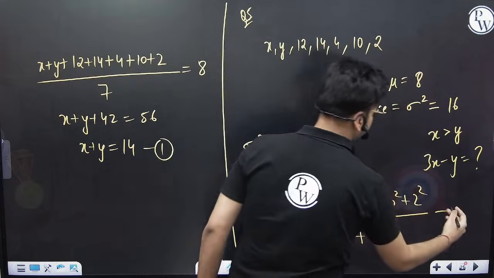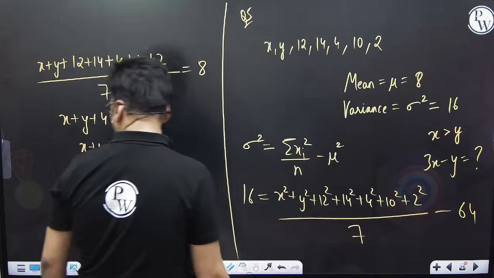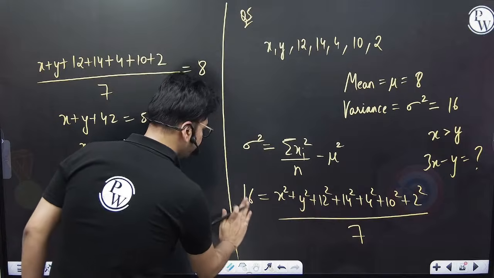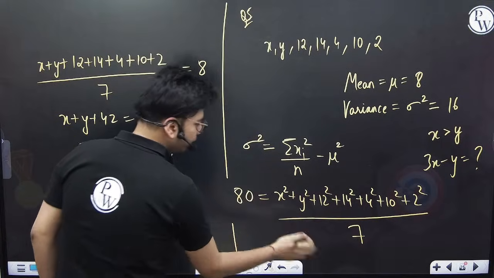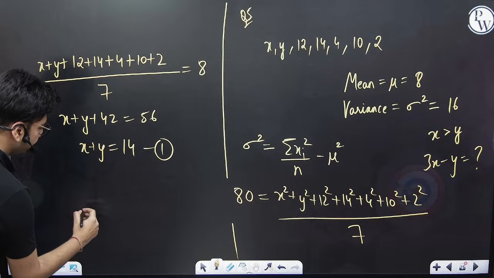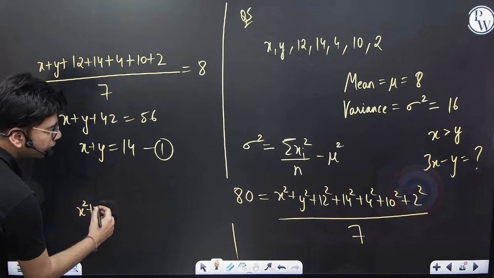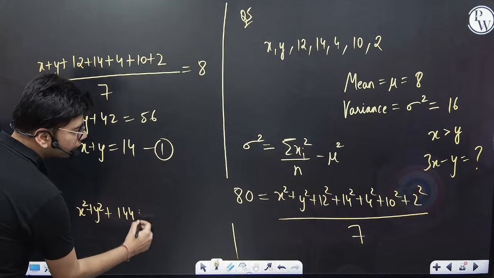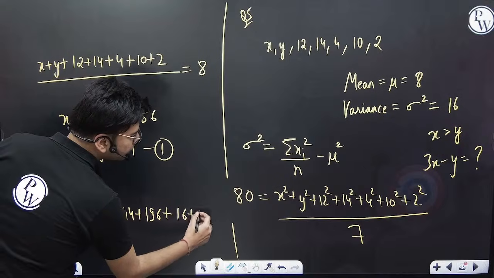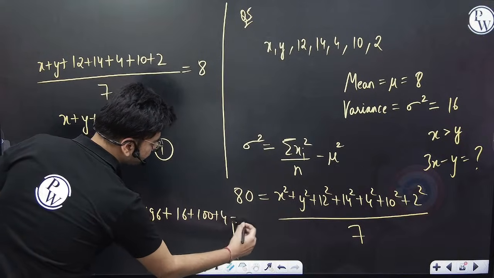The mean is 8, so mu square will be 64. So 16 plus 64 will become 80. 80 into 7 is 560. So from here I can say that x square plus y square plus 144 plus 196 plus 16 plus 100 plus 4 is equal to 560.